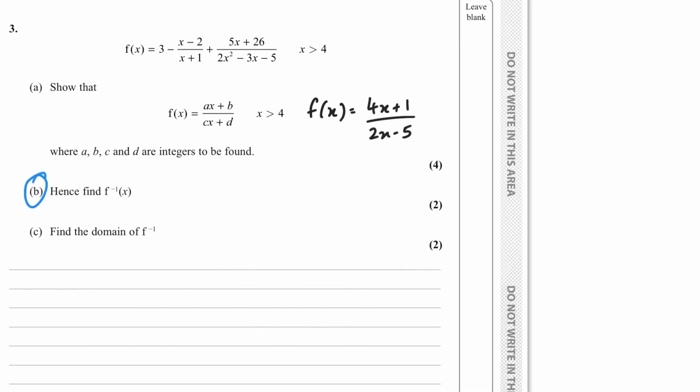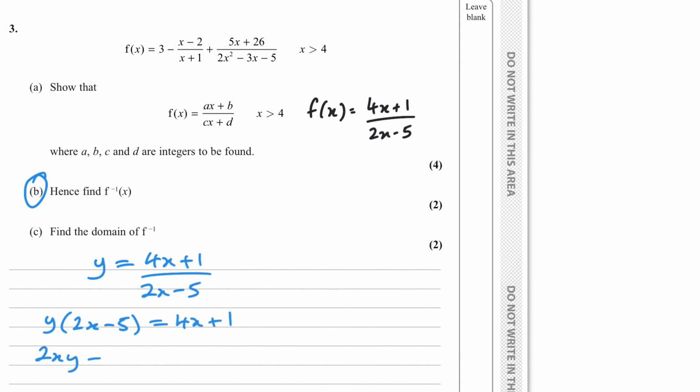Okay, now part B is to find the inverse of this. So we want to make y equals (4x plus 1) over (2x minus 5), multiply by the 2x minus 5, expand my brackets, 2xy minus 5y, and then I need to get my x's onto one side.